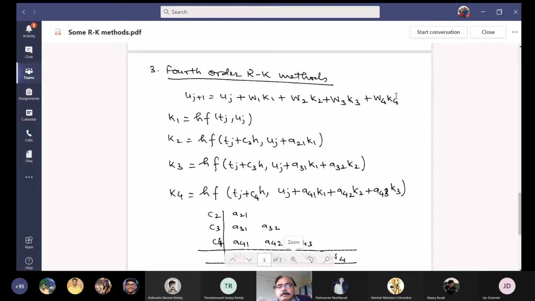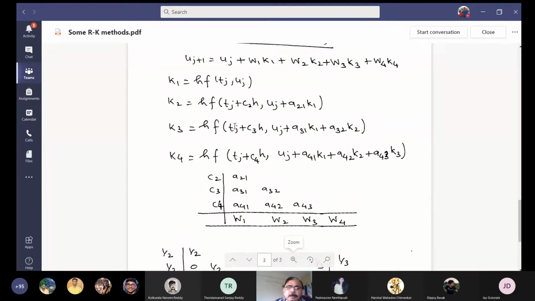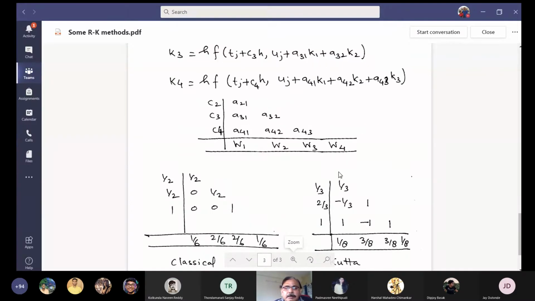For second order we require W1 K1, W2 K2. For third order, we have to add one more W3 K3, and then for fourth order, we have to add one more W4 K4. Explicit method. And then it is given here. Things are quite simple as far as the classical fourth order method is concerned.